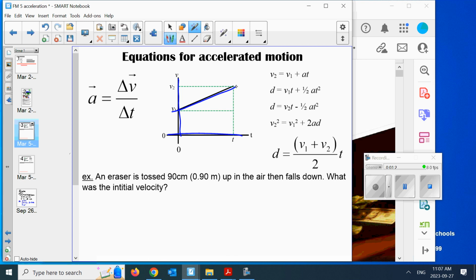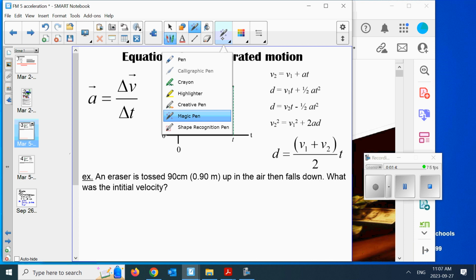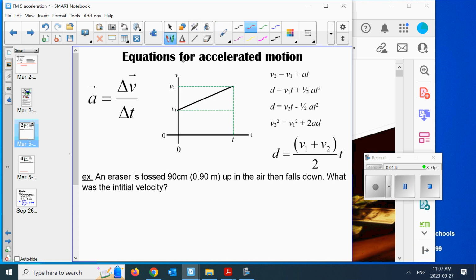Then, where do these other equations come from? Do you guys remember if you do the area under a velocity graph, what do we find? Distance traveled, displacement. And guess what? If I break this up, and you don't have to write this down, I'm just showing you these equations aren't witchcraft, they come from a place.